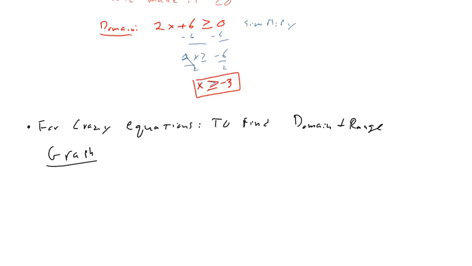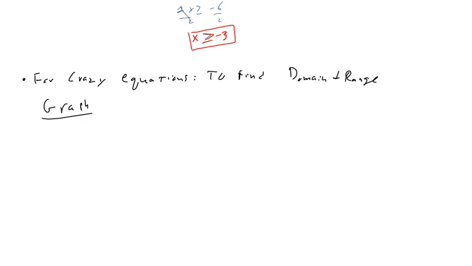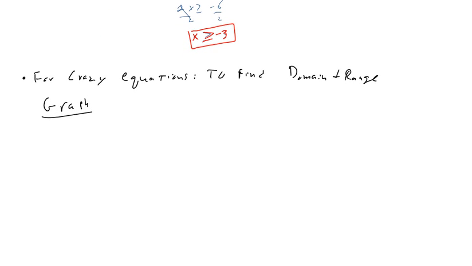The best way to find the range is to look at the graph. There's really no trick for finding range. The only real way, the best way, I mean, you can plug in a million numbers, but the best way is just really to look at the graph. There's a few rules, but there's too many complications.